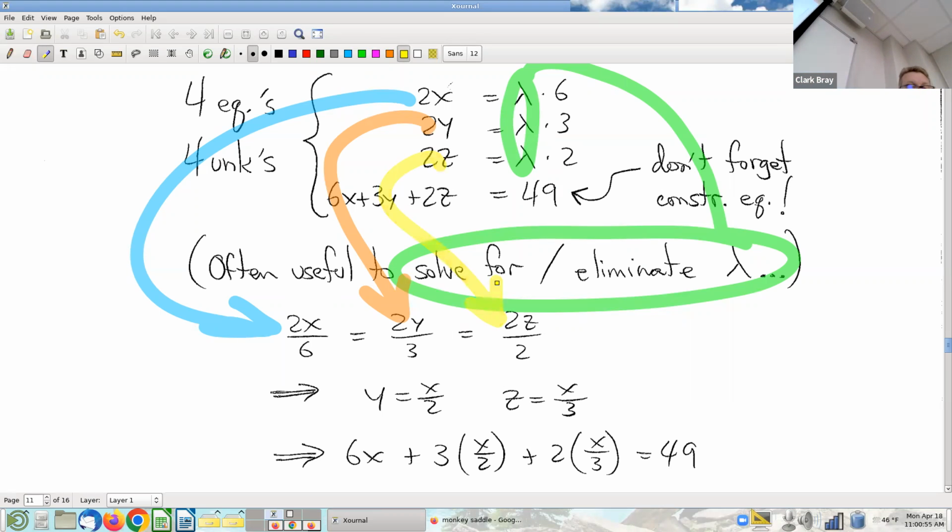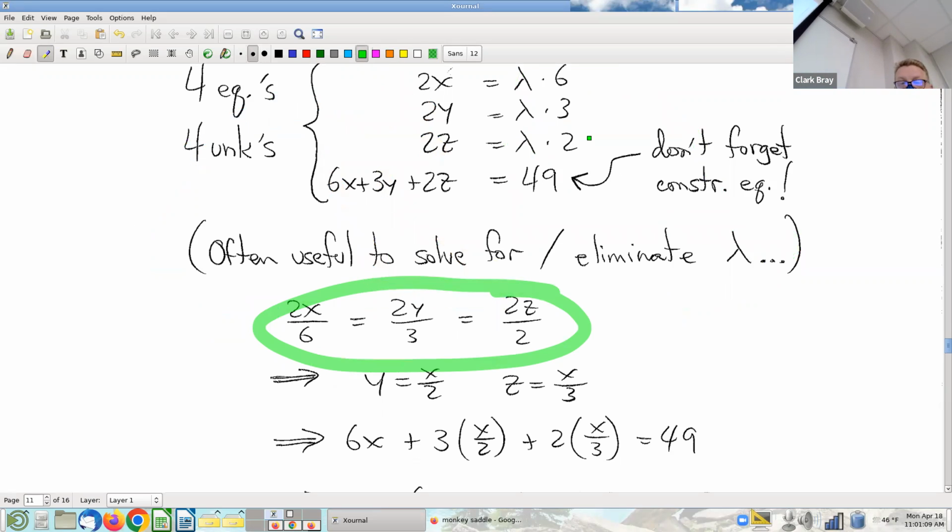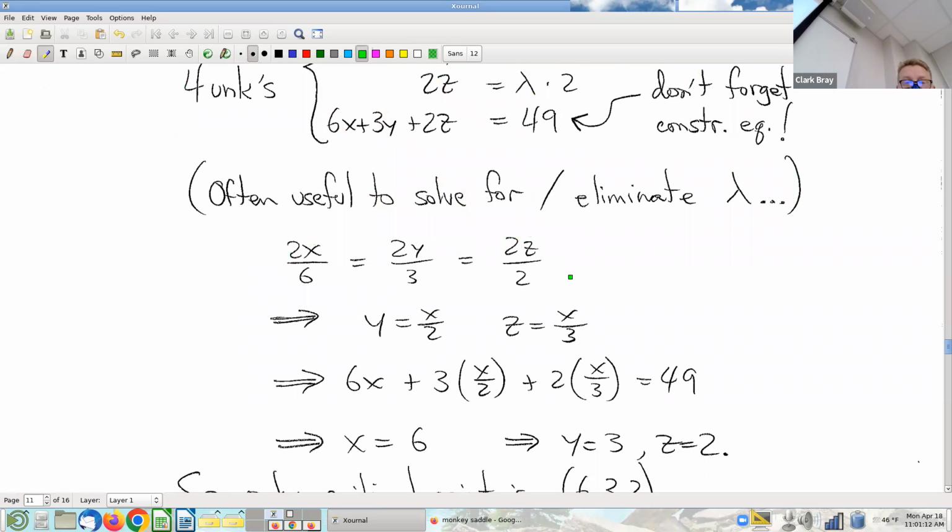Well, I was solving for the same lambda in all 3 of them. And so therefore, these things all equaling lambda, they are also all equal to each other, right? And having done that, notice that that allows me to relate x and y and z pretty well, right? So a huge amount of benefit there.